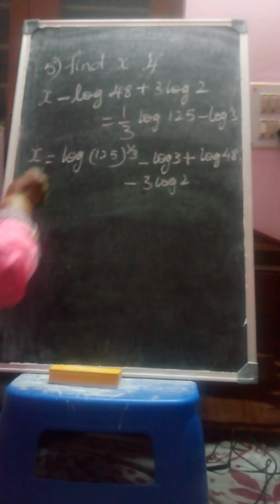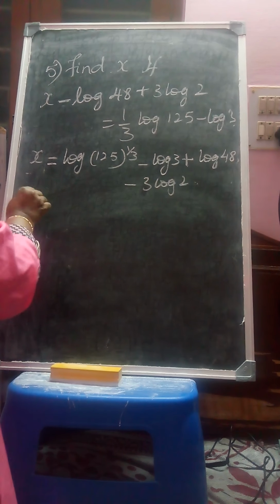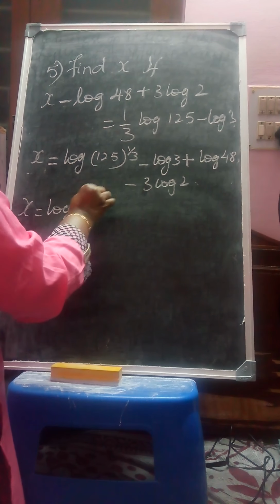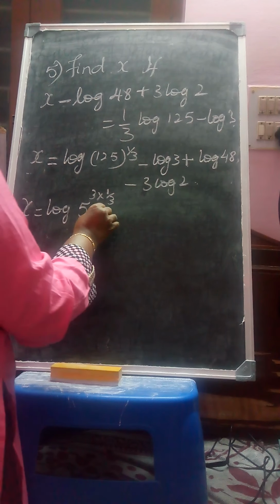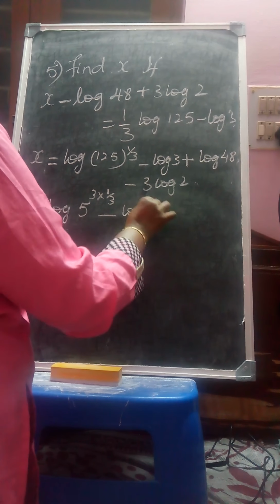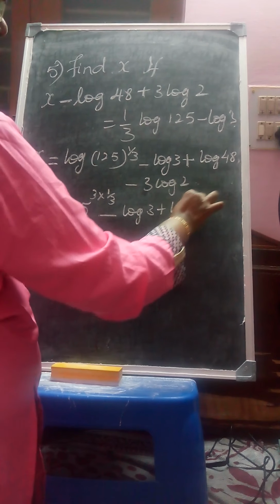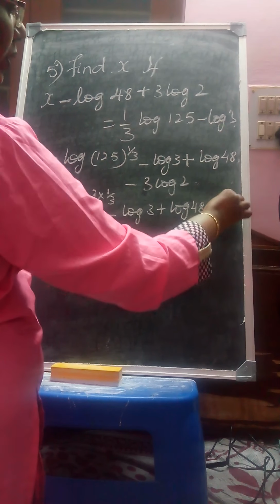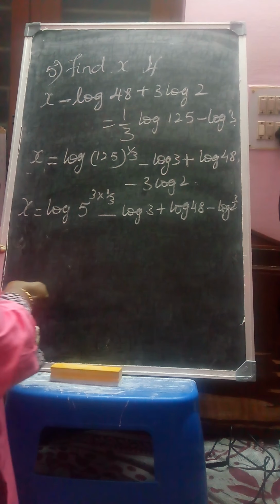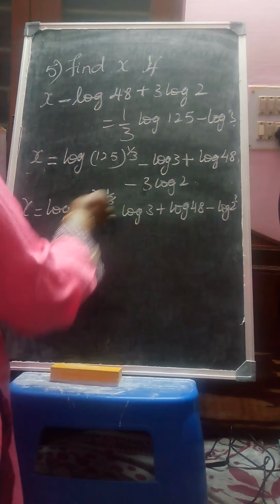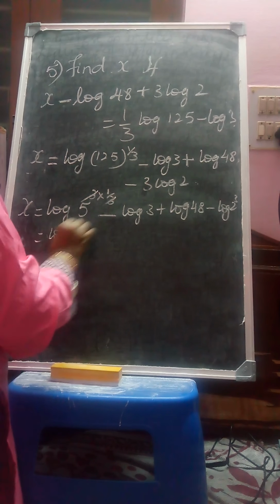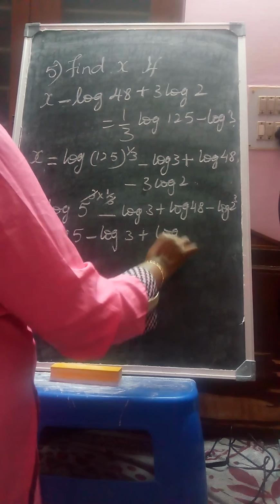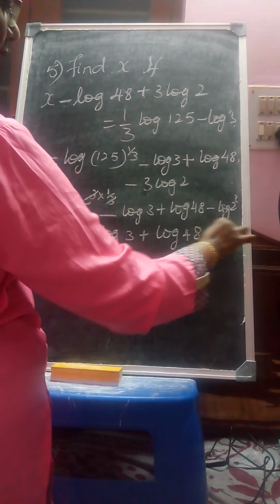Okay, now see here, x is equal to, now log 125 is 5 cube into 1 by 3, minus log 3 plus log 48 minus, this 3 goes up here and becomes log 2 cube. You know what is 2 cube? That is 8. Now 3 gets cancelled. So here log 5 minus log 3 plus log 48 minus log 8.